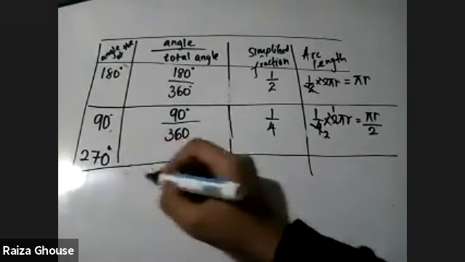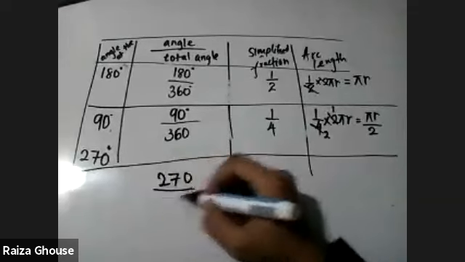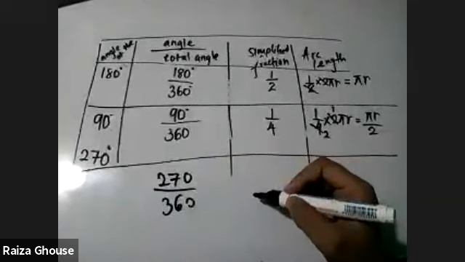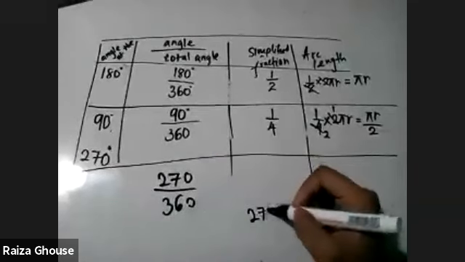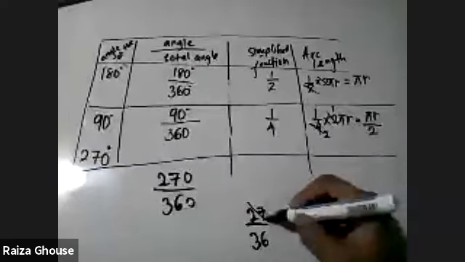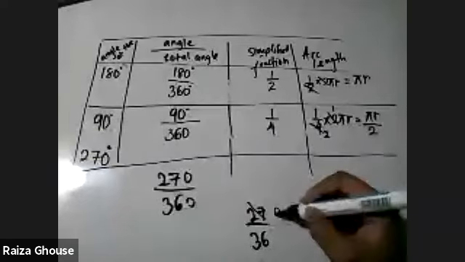Okay, right. Yes. 270 upon 360. What is it? If you simplify, 0, 0 cancels. Did you notice 27, 36 you can find in 3 times table? 3 times 9, here 3 times 12. Again, you can simplify this one.